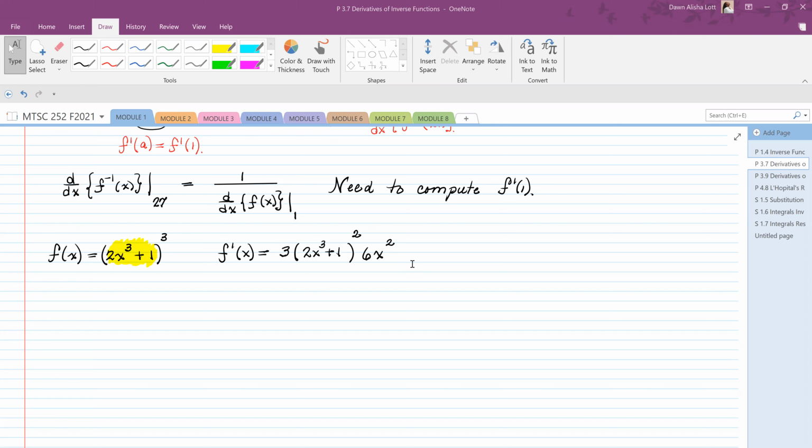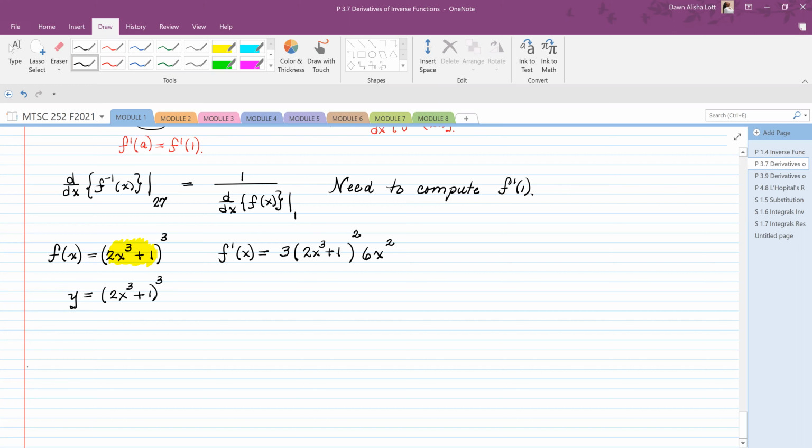This is the way I teach the chain rule. Can you repeat that? Identify the inside function and the outside function. So y is equal to 2x cubed plus 1 cubed.